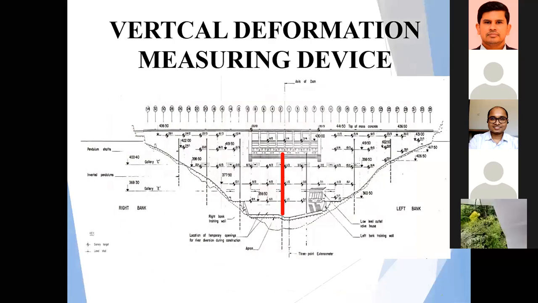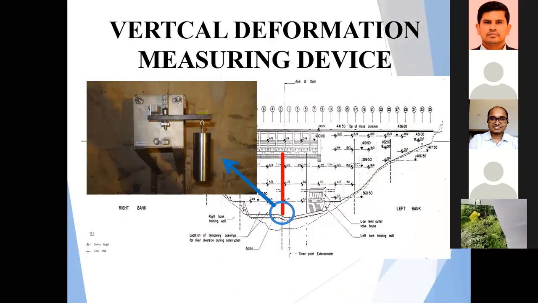It is located in this gallery. The VDD instrument is anchored at this location, then the cable comes here, and the measuring location is this. So if the dam body moves upward, we can measure from the bottom gallery.